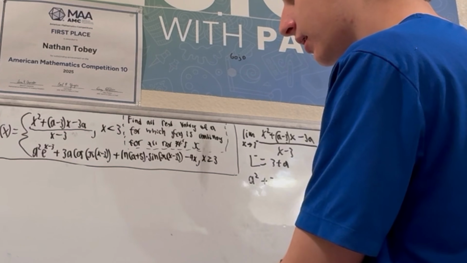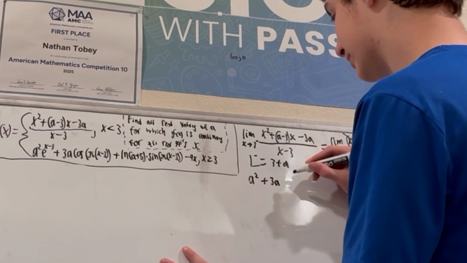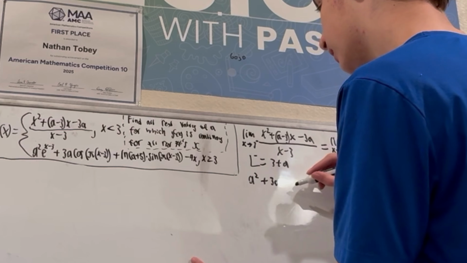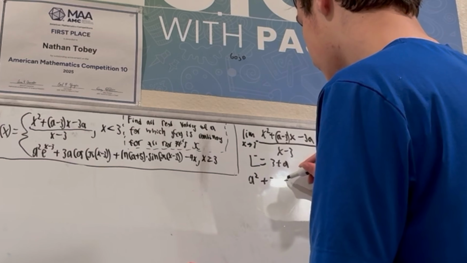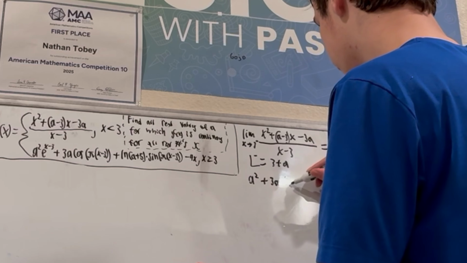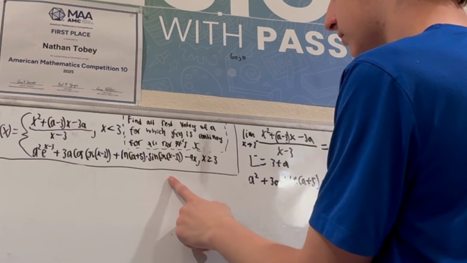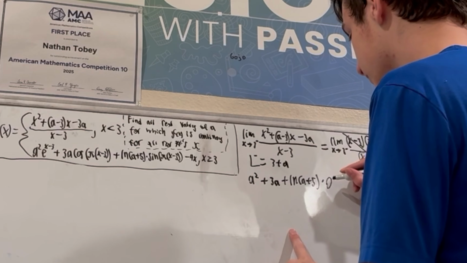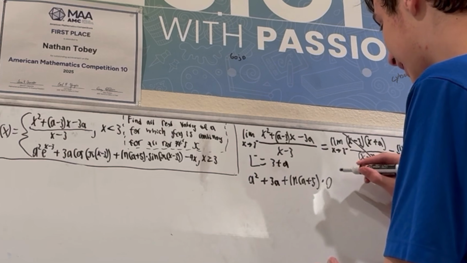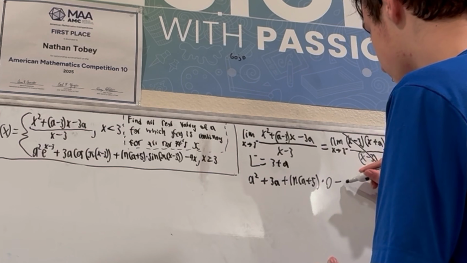Plug in 3 there and we get the cosine of 0, which is just 1. Then we add the natural log of a plus 5, multiplied by the sine of pi times x minus 3, so the sine of 0, which is times 0. And then we subtract 4x, which is 4 times 3, so minus 12.